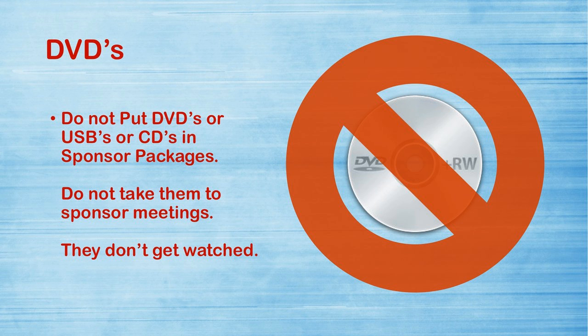So even if your communications director says, but our DVD is going to win an Emmy, or Theo James himself made a personal appearance to attest to the worthiness of our organization, don't do it. And if somebody tells you you must, put it in the package and let it slip out in your car on the way somewhere. It's not going to get watched.